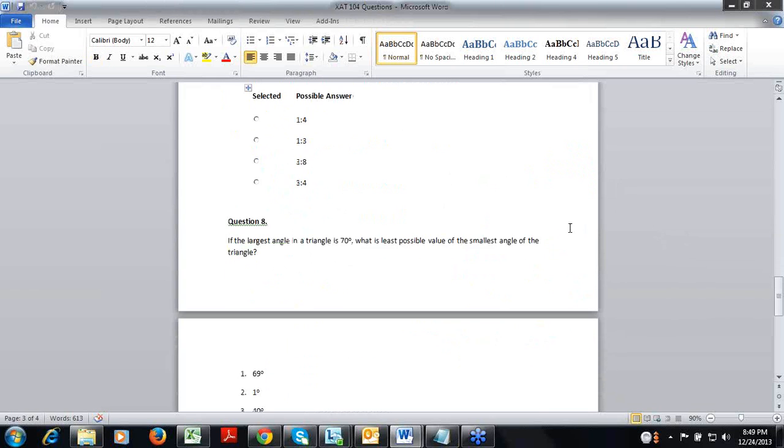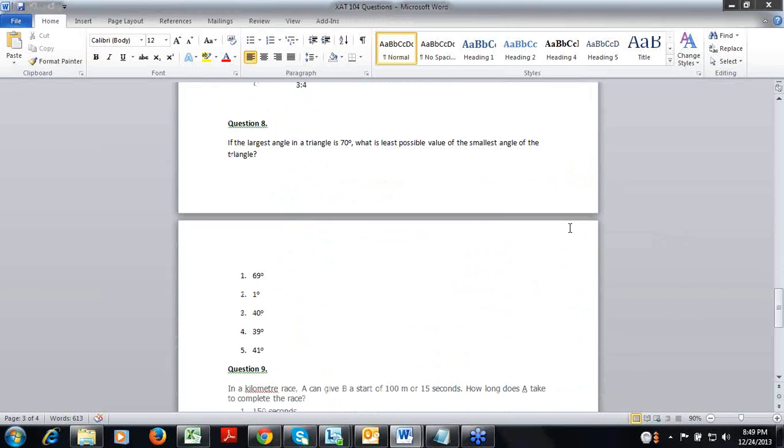Okay, moving on to question number 8. If the largest angle in a triangle is 70 degree, what is the least possible value of the smallest angle of a triangle? Okay, let's make a triangle. So the largest is 70 degree.